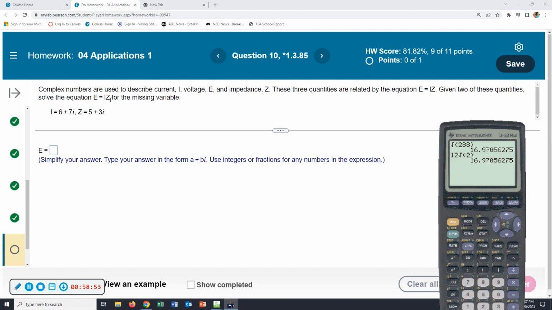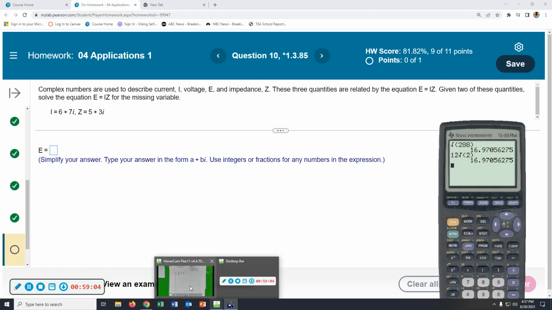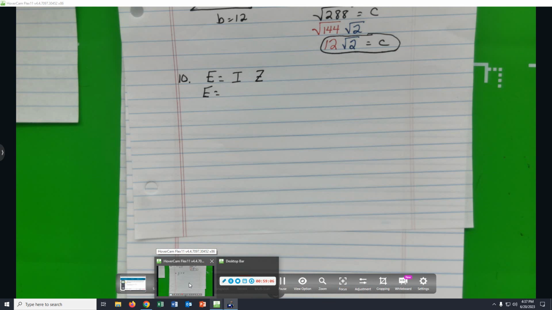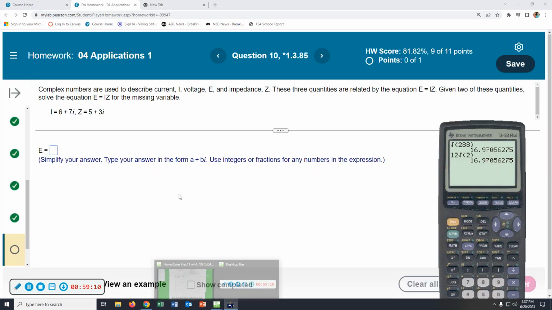We're told E equals I times Z. Okay. I'm just writing that formula. E equals IZ. I'm now going to replace the I with 6 plus 7i and the Z with 5 plus 3i.